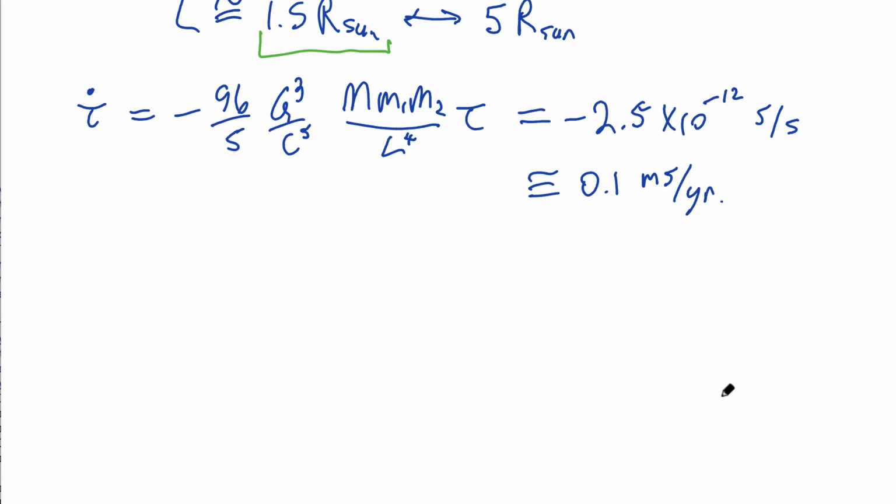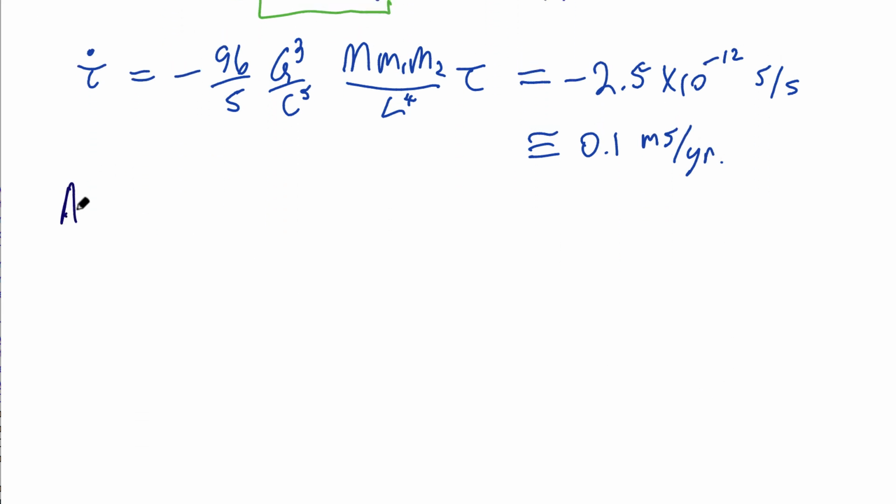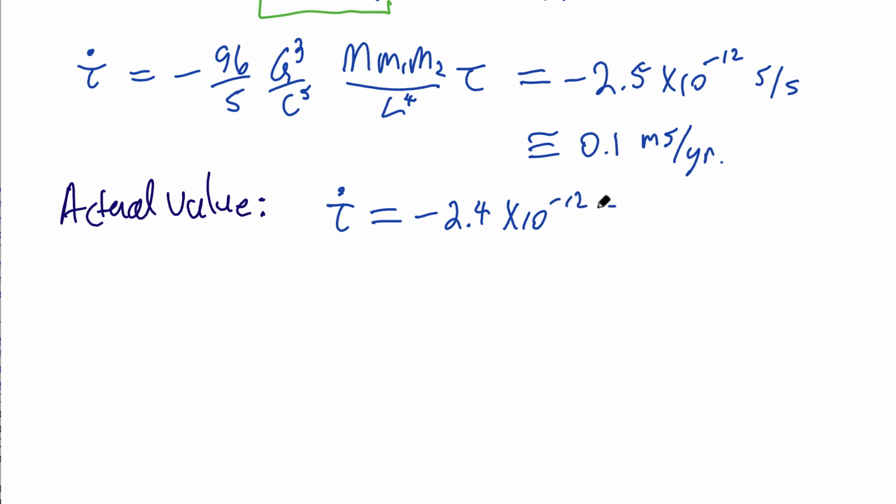Now the actual value of tau dot, as obtained both from observations and from a more careful calculation that takes into account the eccentricity of the orbits, is minus 2.4 times 10 to the minus 12 seconds per second.